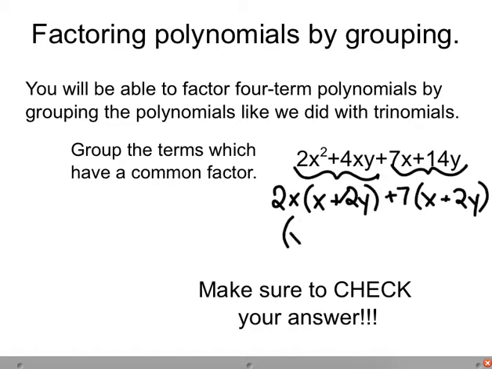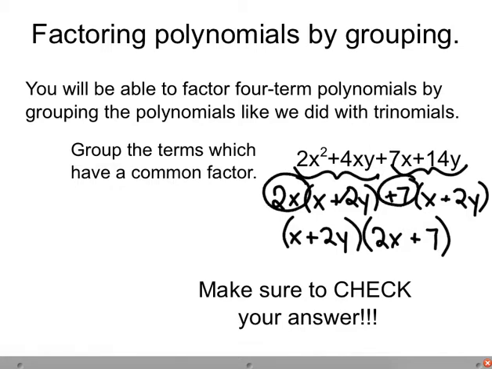So I can say x plus 2y has been multiplied to 2x plus 7. Taking those from these outside, saying, okay, both of those terms, 2x and 7, have been multiplied to x plus 2y. And so we can check this answer by multiplying it out again.